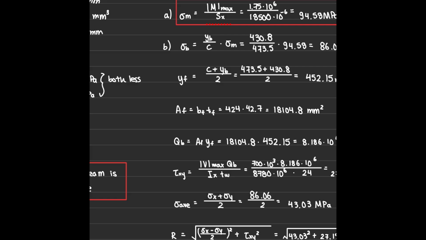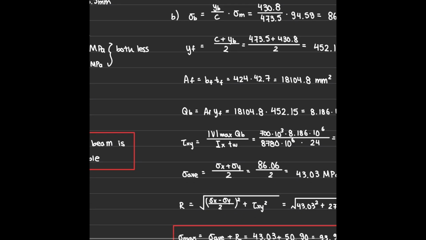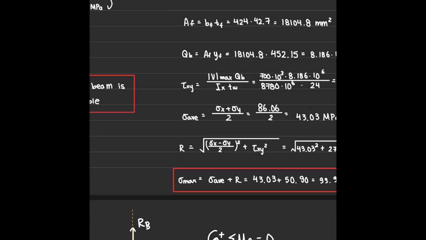Both are given to us from the tables. And then our first moment of area is given by area times YF. And we calculate this and get 8.186 times 10 to the power of 6. Now we substitute everything into our shear formula to find the matching shear stress at the junction over here.